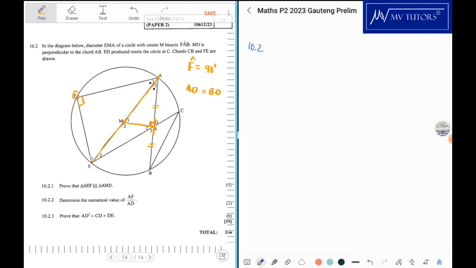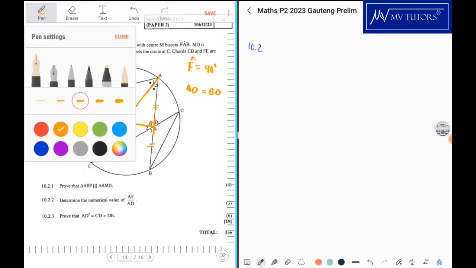Yeah, what else do we know? Now ED produced meets the circle at C. Chords CB and FE are drawn. Alrighty. Yeah, I think that is it. But I don't know if we're going to need this at some point.